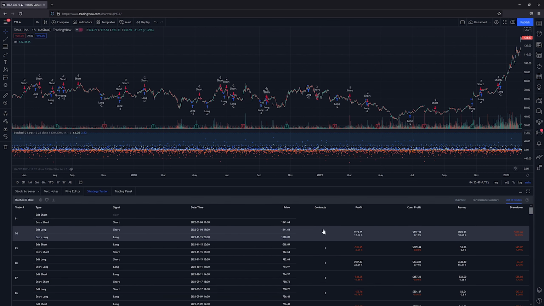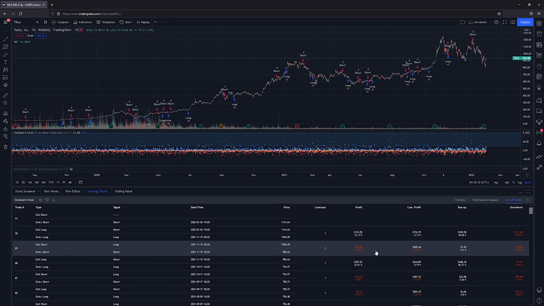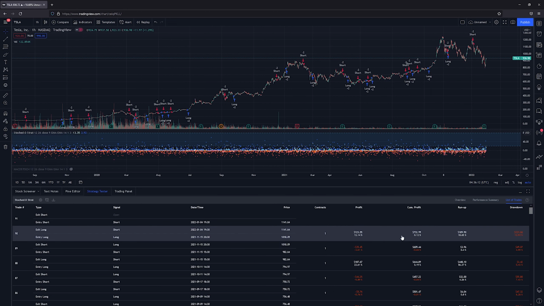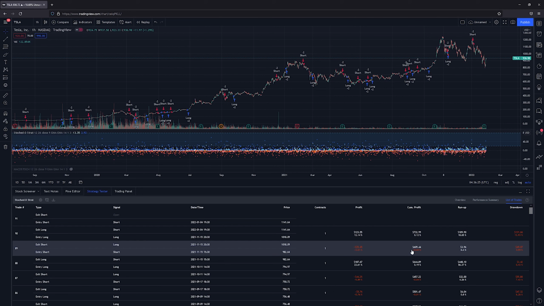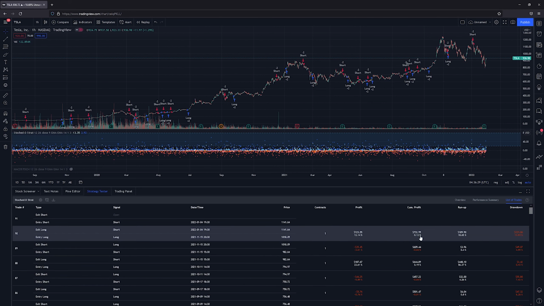So profit right here, it's just like the last tab we're in: white if it's profitable, red if it's not. Your cumulative profit just adds the profits or the losses of the strategy after closing the trade, and just kind of keeps adding that.